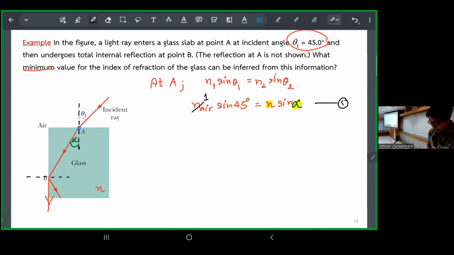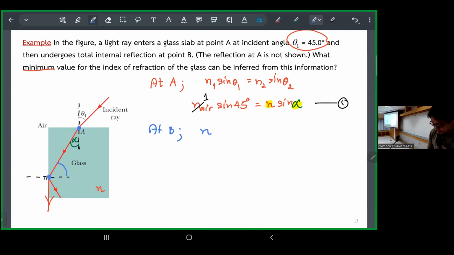Then you move on to another point. There is another thing we can analyze, which is what is going on at point B, so you apply the same Snell's law. At B, light is coming out from glass to air, so it's n of glass, which is n. You are hitting point B with the incident angle equal to that blue angle over there.